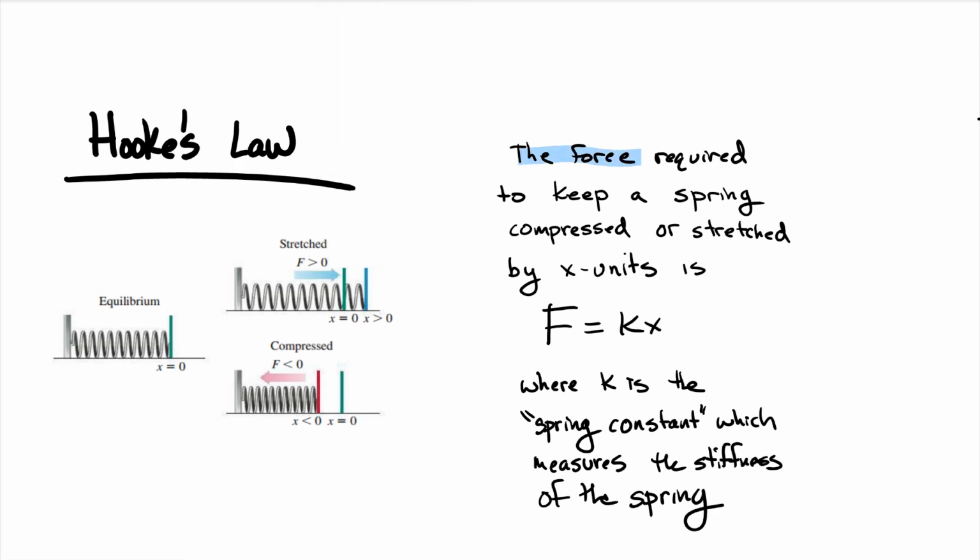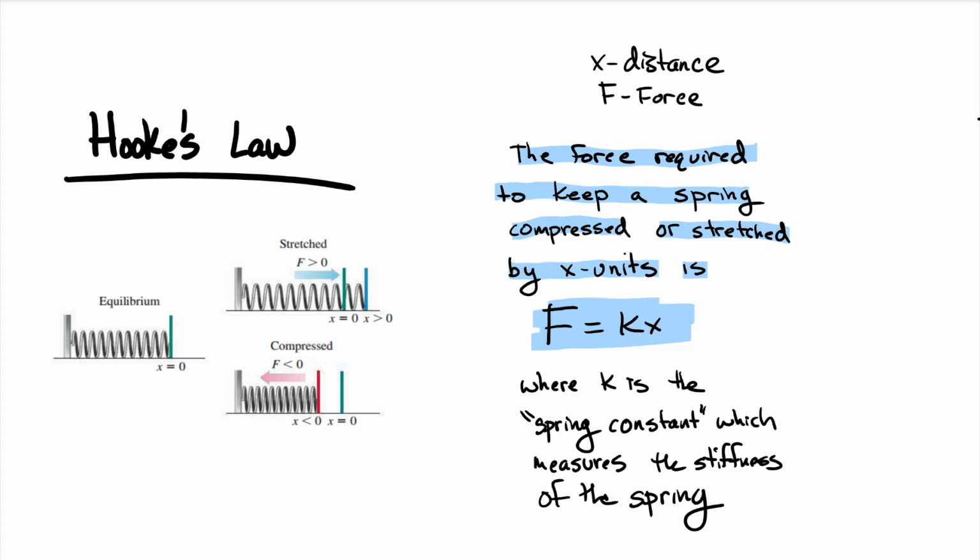The force required to keep a spring compressed or stretched by some x units is written as F equals kx, where x is the distance, F, of course, is the force, and k is what we call the spring constant.